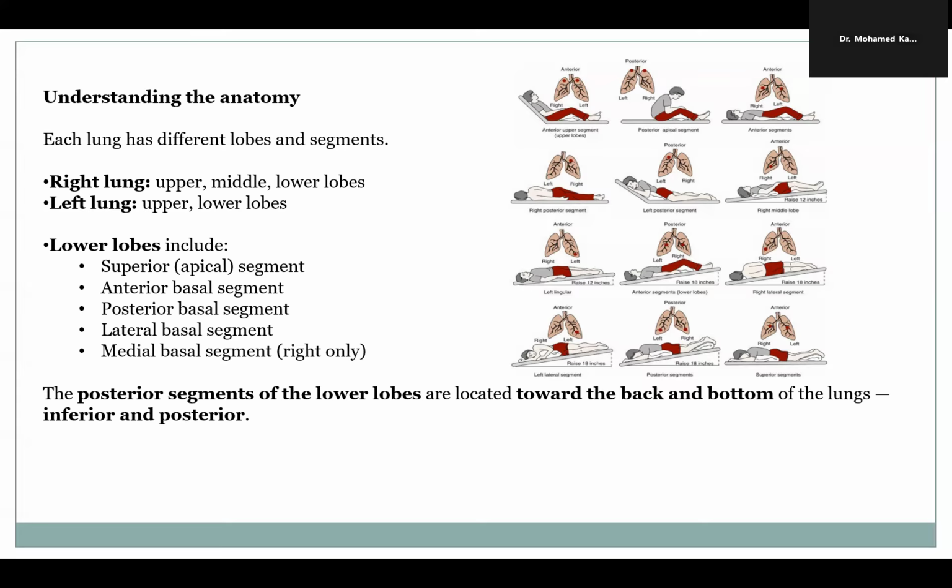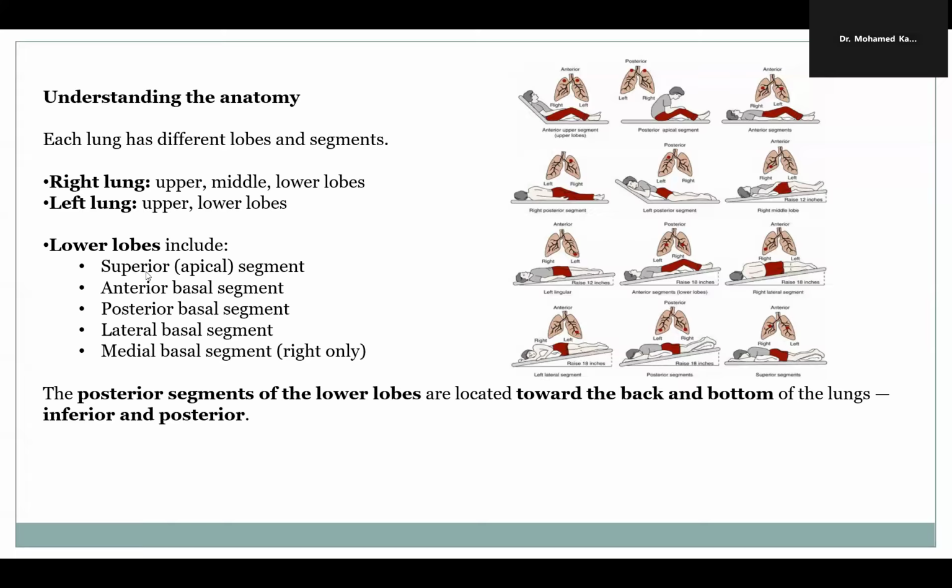So postural drainage is mainly one of the techniques which we are using for airway clearance. If we understand the anatomy of the lung, we know that we have two lungs, right lung and left lung. Right lung is composed of upper lobe, middle lobe, and lower lobe. Left lung is composed of upper lobe and lower lobe. Within the lower lobes, we have different segments.